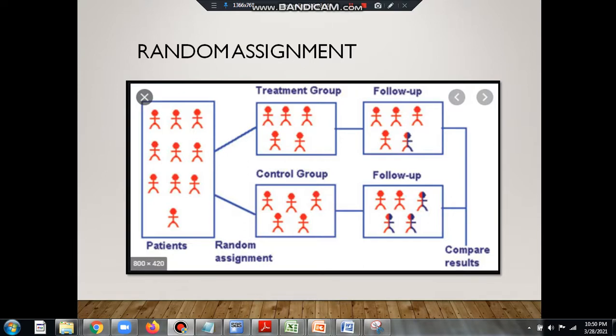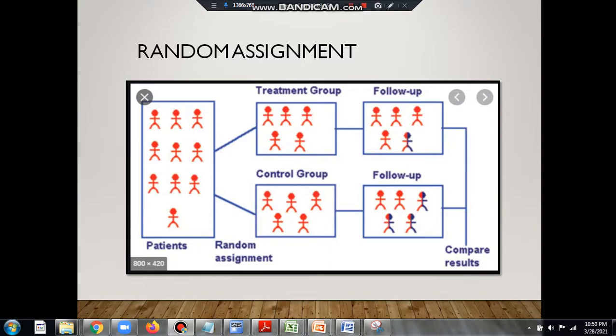Then we follow them over a period of time, and let's say after 6 months of follow-up, we test them again. We look at their anxiety parameters. Initially we would have tested them already after assignment to groups, and after 6 months we test them again, and we see whether there is a significant difference between the two groups with respect to reduction in anxiety.